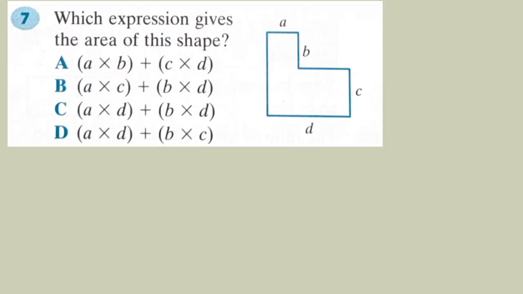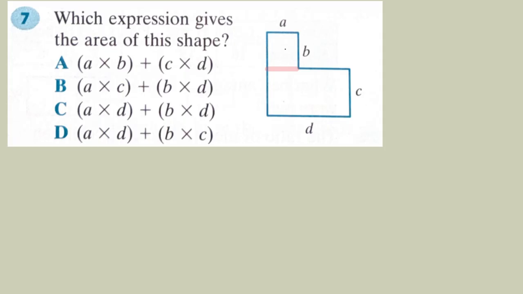We have 4 expressions here to give us an area of this shape. When you're looking at that shape, you want to split it into 2 areas over here. And I'll split it by putting a line through here.